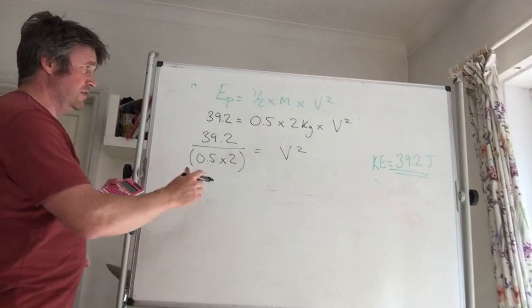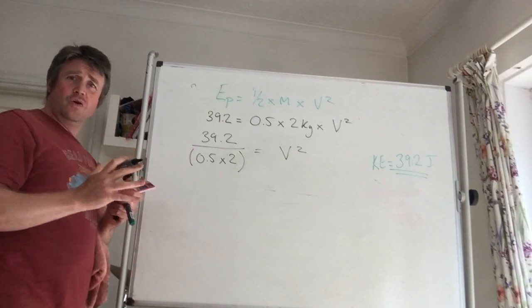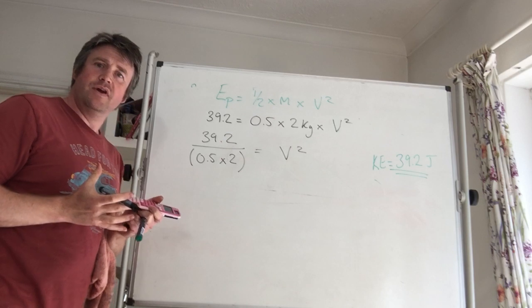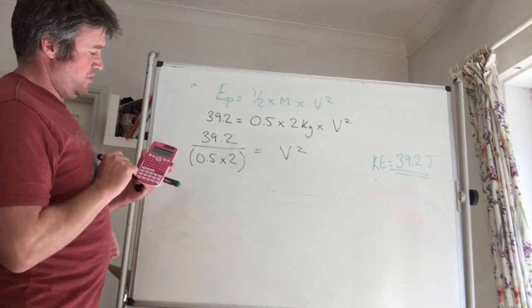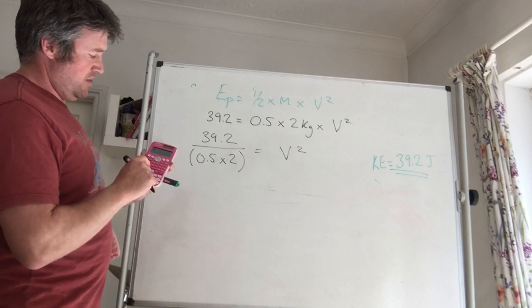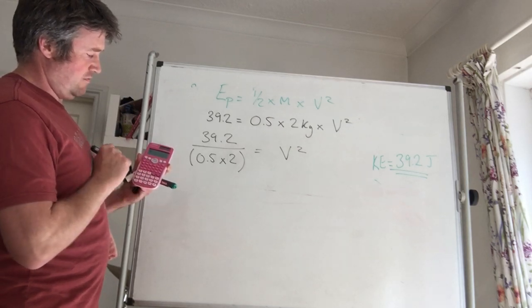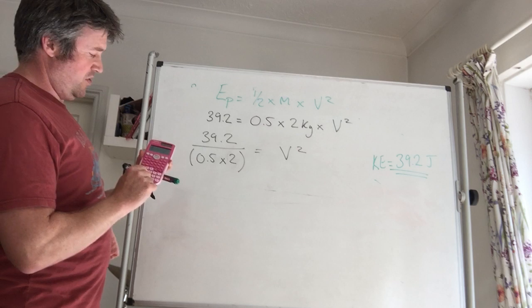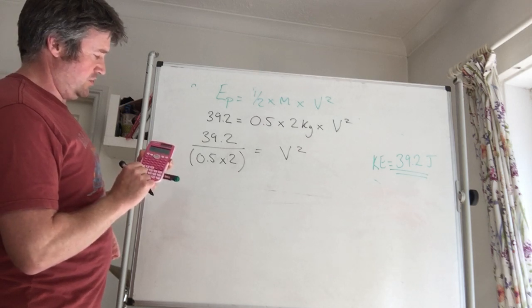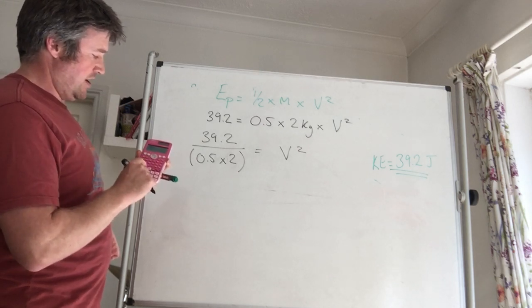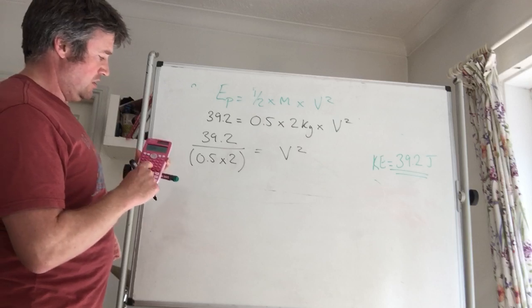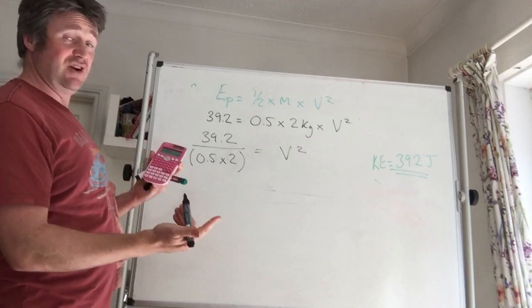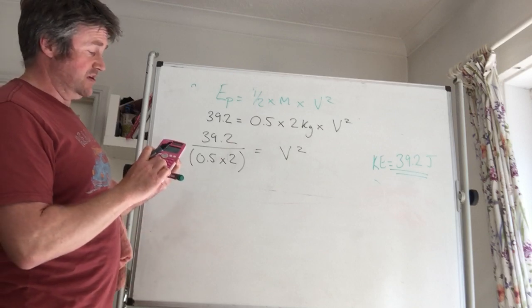You could square root this all at once in your calculator and do it that way. So I could press the square root button on my calculator, then press the fraction button on there, put 39.2 in the top, go down, bracket 0.5 times 2, there's my bracket, press equals, and it's just going to work it out for me straight away.